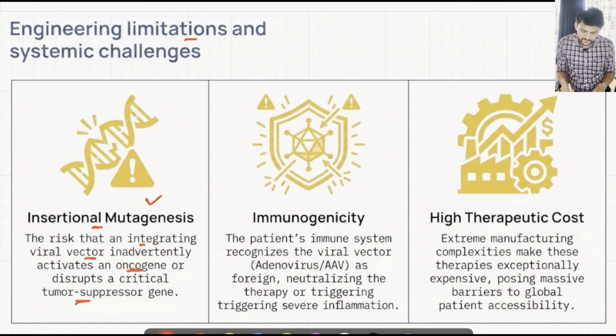Many times there might be chances of immunogenicity, that is, the patient's immune system recognizes the viral vector as a foreign body and tries to neutralize the therapy or triggers severe inflammation. This will lead to failure of the target, as well as some adverse effects because of such severe inflammation. And when it comes to cost effectiveness, the manufacturing complexity makes these therapies exceptionally expensive, so it is quite difficult to make this therapy globally accessible.